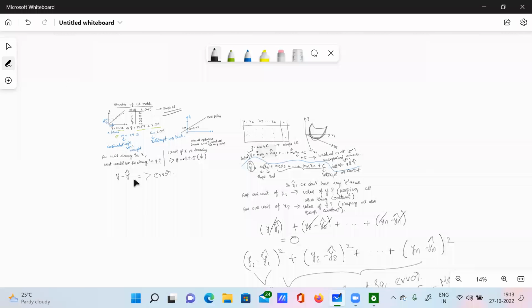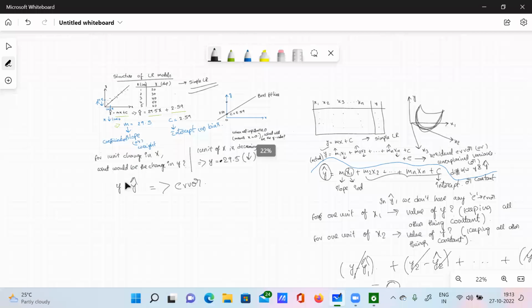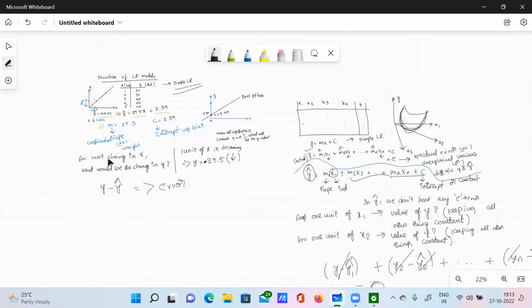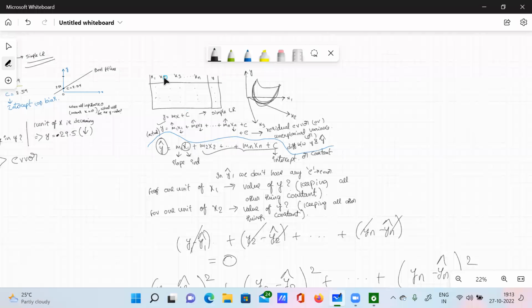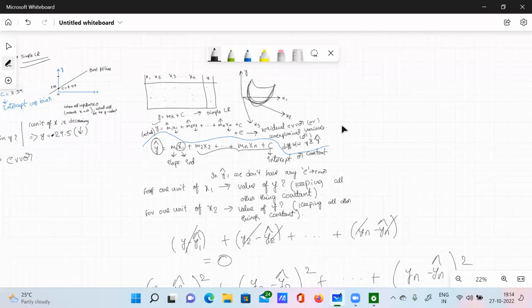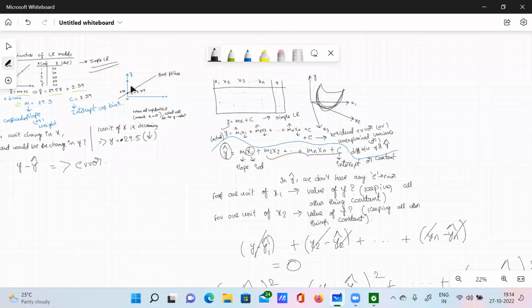Here I have already explained the simple linear regression structure with the help of this mathematical equation, and then I have told you what is meant by multiple linear regression, or multivariate linear regression. The name itself explains it: multivariate is when your dataset has multiple variables in it, that is, more independent variables. In simple linear regression, when you plot all the points, the best fit line would be linear, a straight line.